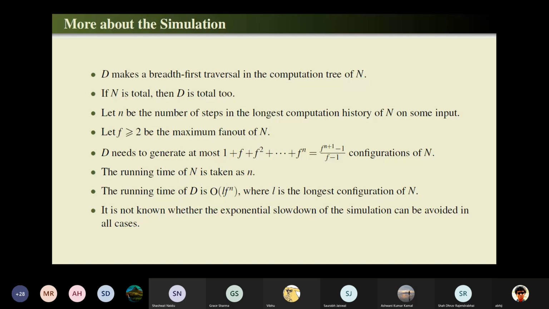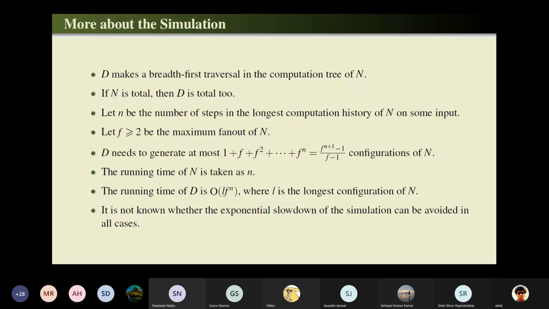Now recall that we have defined fan out. What is the maximum number of possibilities that one configuration can change to in one step? It is true that it's not necessary that all the steps will have the same number of possibilities, but this will definitely give me a worst case behavior.